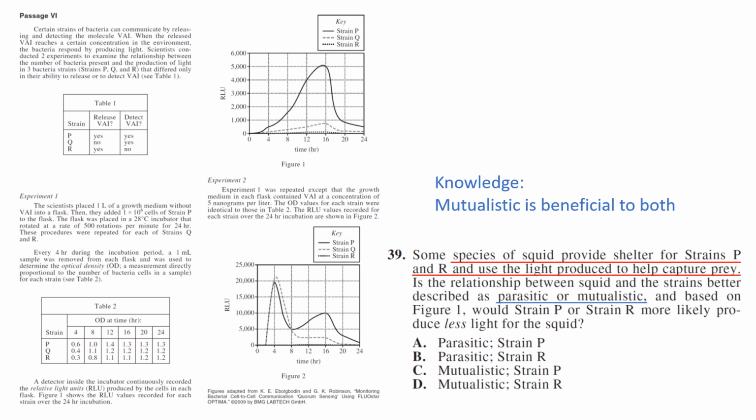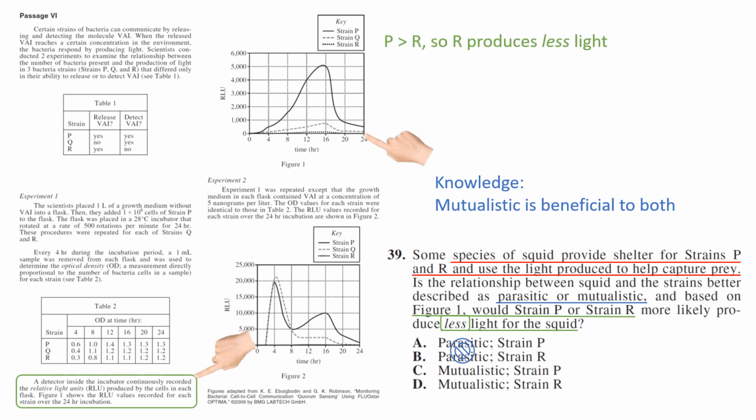Both species are benefiting here, so it's mutualistic. You can eliminate A and B. If nothing else, you have a 50-50 chance now. Now, which one produces less light, strain P or R? These are reflective light units. P is greater than R, so R produces less light. So your answer is D.